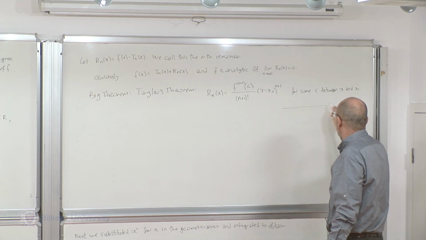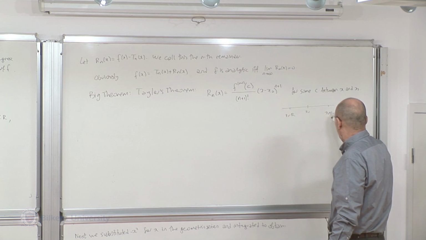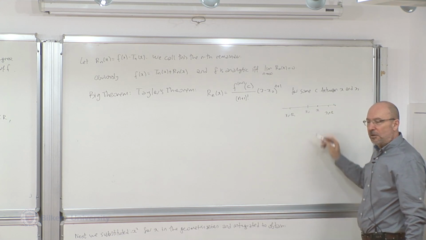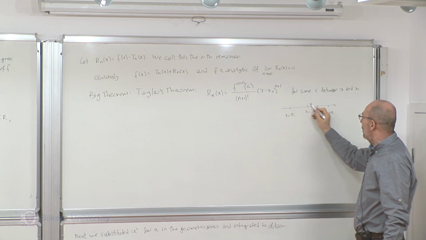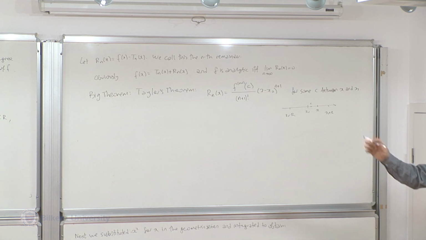Suppose this is x sub 0, this is x sub 0 minus r, this is x sub 0 plus r, and you want to calculate the remainder here, so c is somewhere here. This reminds you of the mean value theorem. In fact, one way of proving Taylor's theorem is iterated use of the mean value theorem.